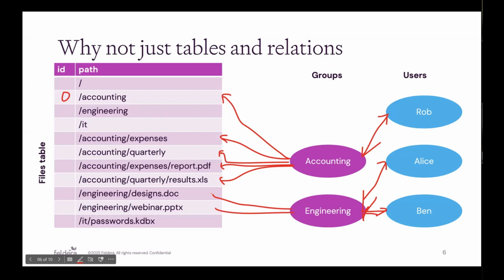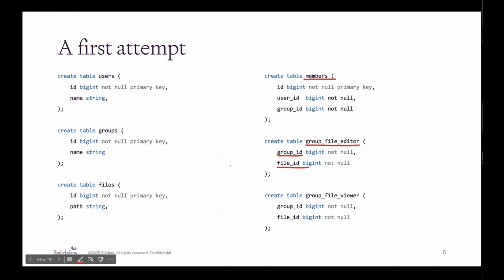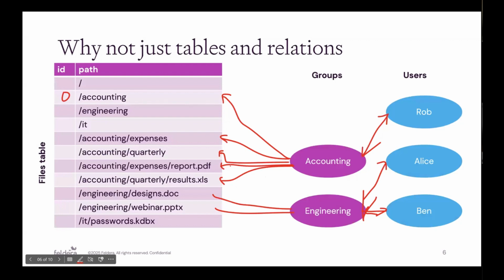So one is we don't capture the natural path hierarchy of this accounting, that it has the subfolders and stuff. So instead, we just inserted many rows into our group file editor table, and that's not exactly ideal, right?